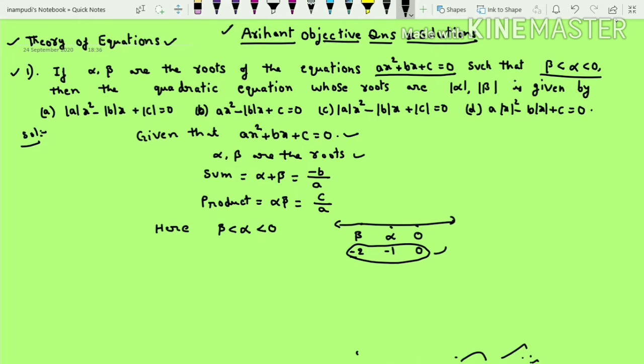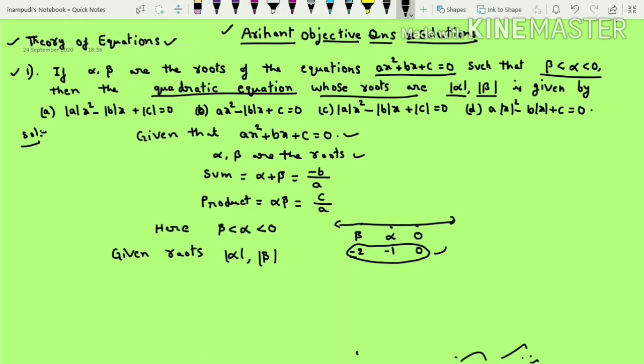Here, given roots, we can determine the quadratic equation whose roots are mod alpha and mod beta. The given roots are mod alpha and mod beta.